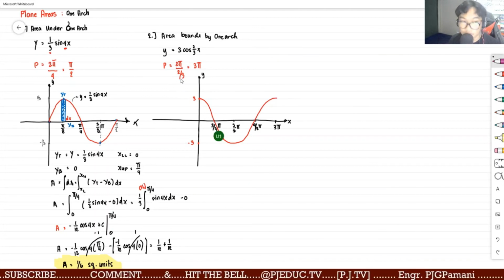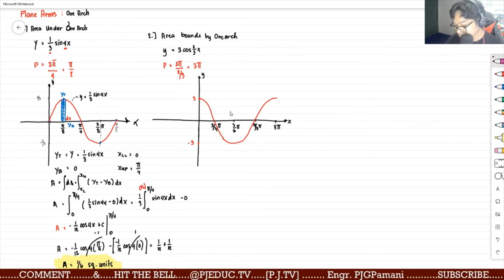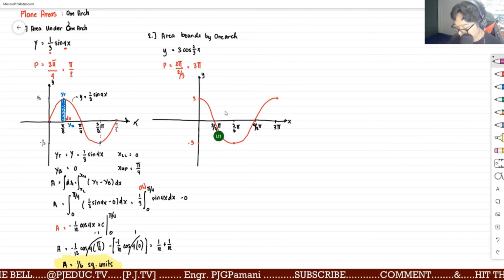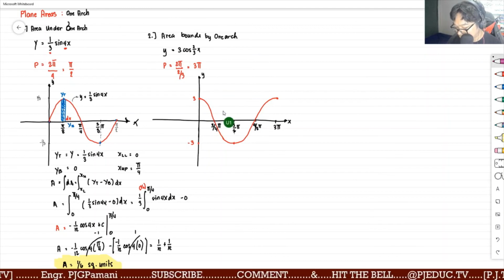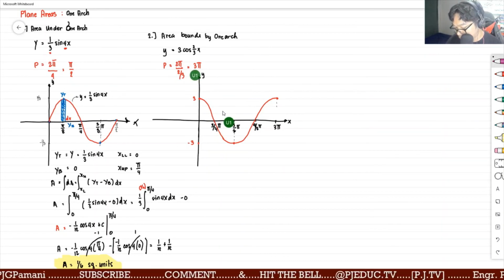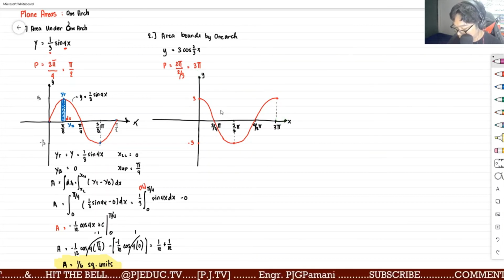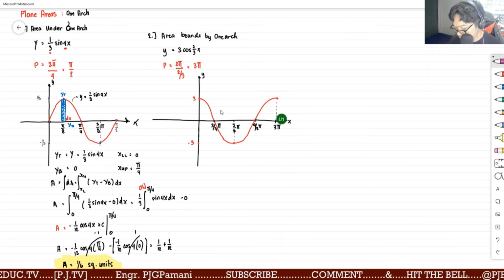Also 3. There is also 3. Okay? Ito ngayon yung point ng intersection niya sa ating axis.